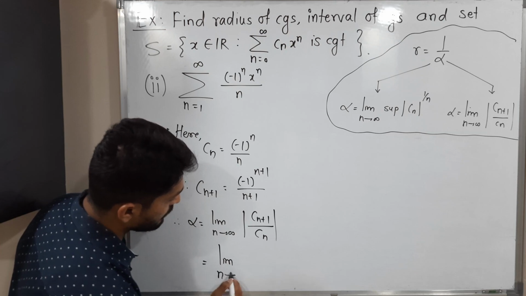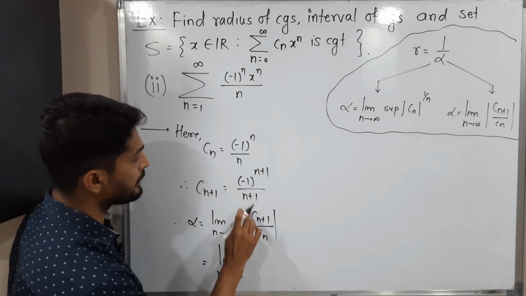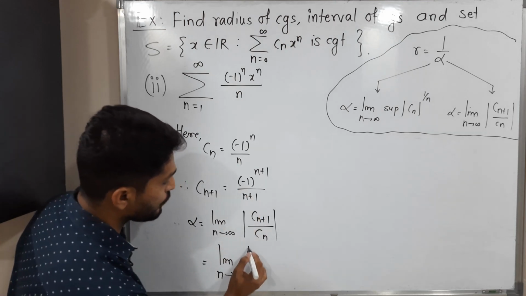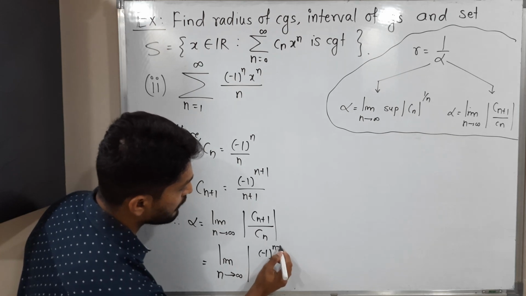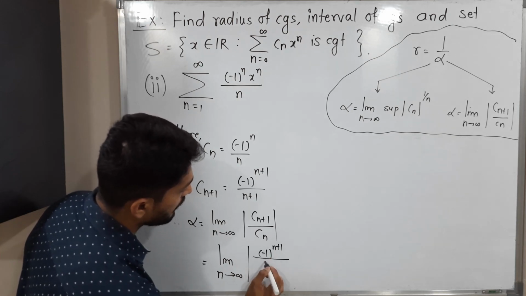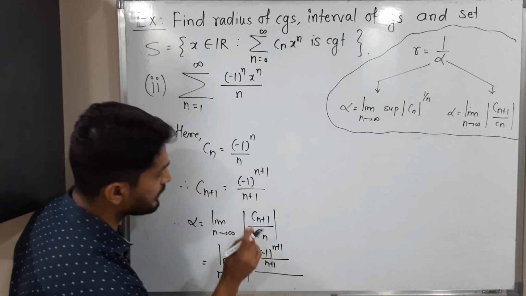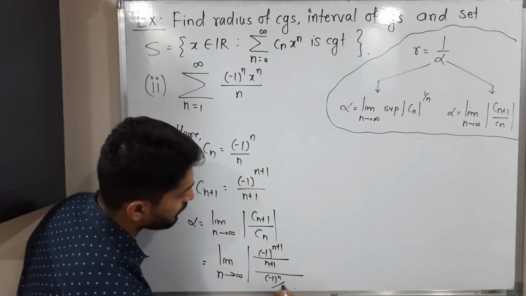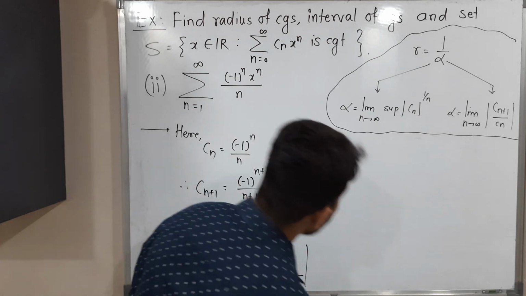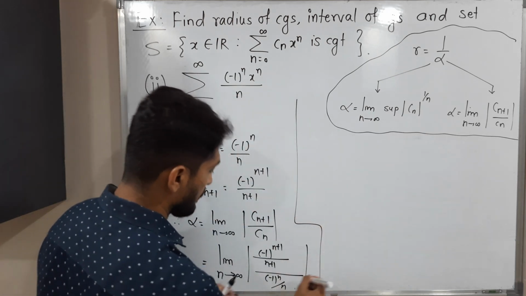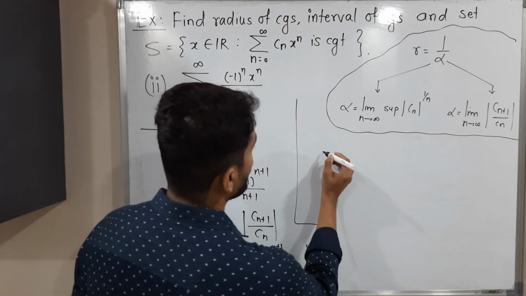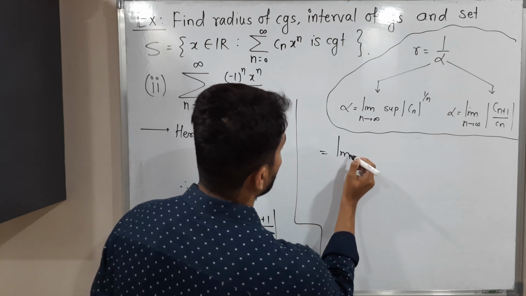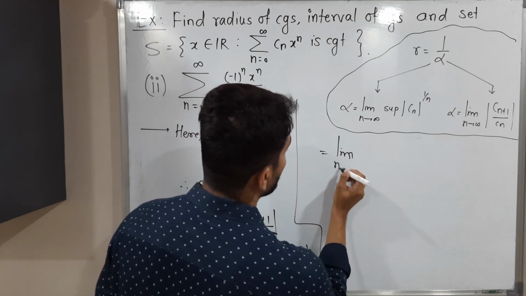Limit n tends to infinity, Cn plus 1 is this one, minus 1 raised to n plus 1 upon n plus 1, right? And what is our Cn? Cn is this one, minus 1 raised to n upon n. So let us write the remaining part here, which is equal to limit n tends to infinity.